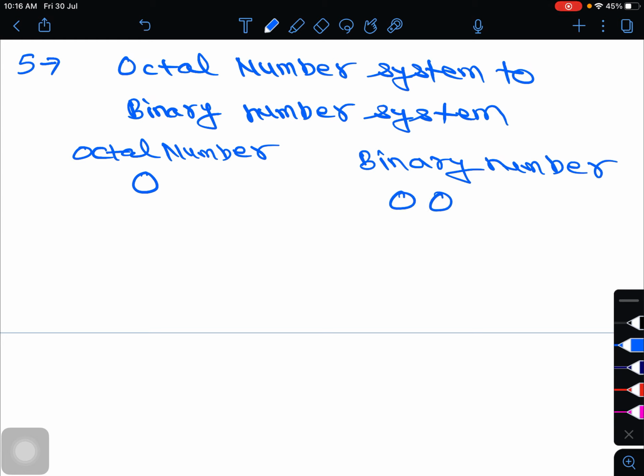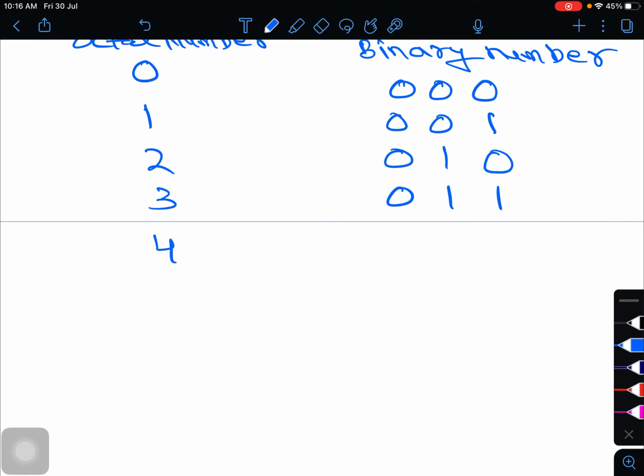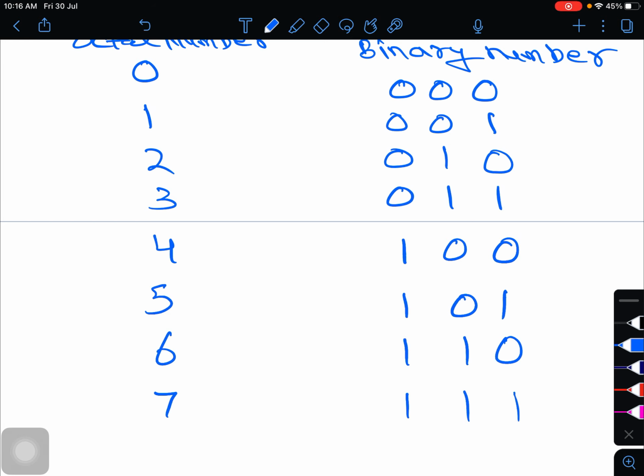Like 0 is 0 0 0, 1 is 0 0 1, 2 is 0 1 0, 3 is 0 1 1, 4 is 1 0 0, 5 is 1 0 1, 6 is 1 1 0, 7 is 1 1 1.